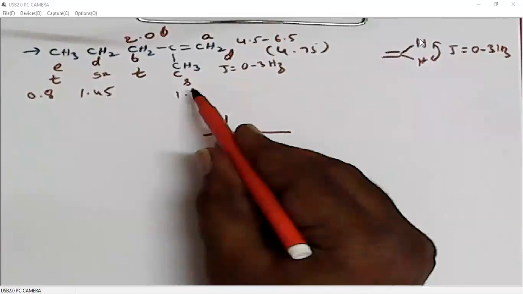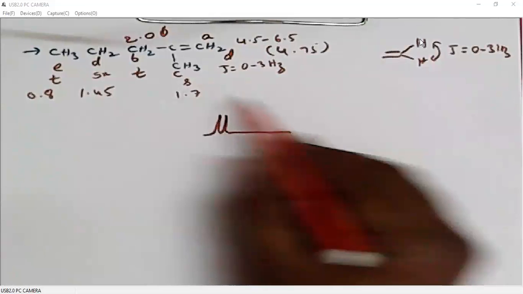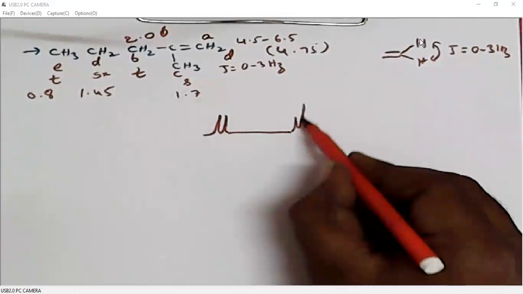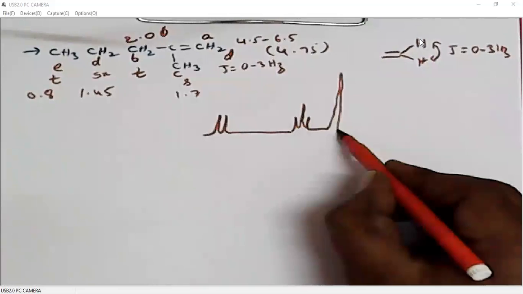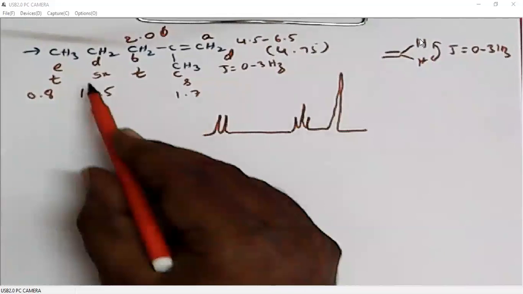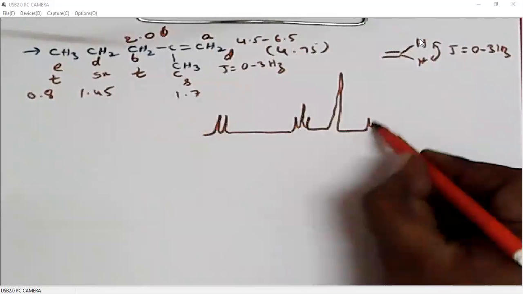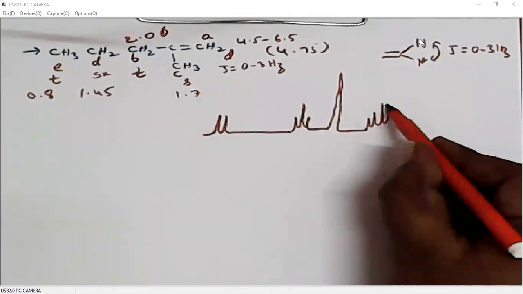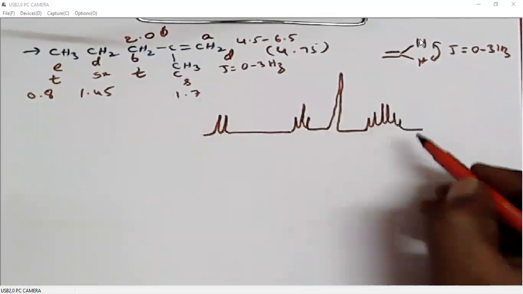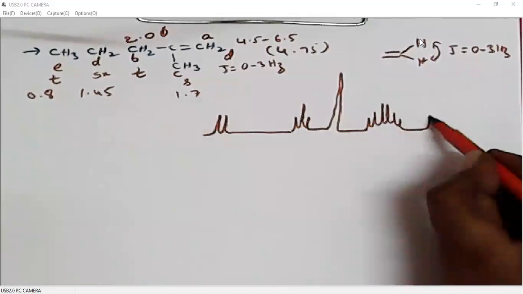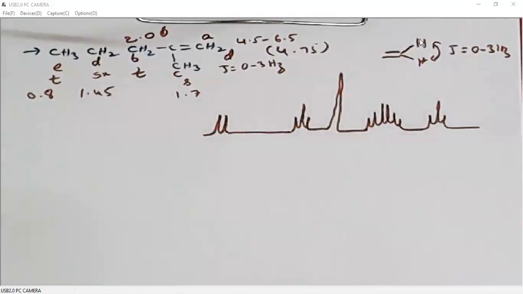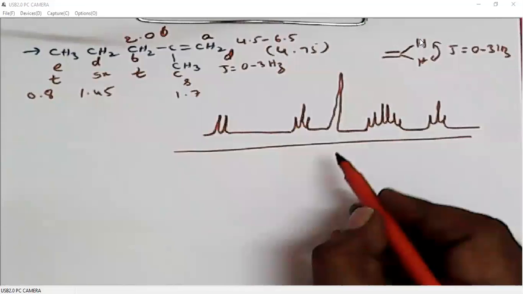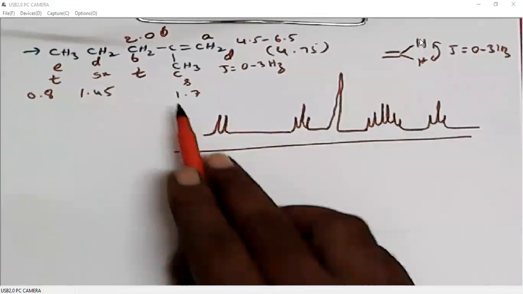Then the next peak is a triplet. Next peak is a singlet. Next peak is a sextet: 1, 2, 3, 4, 5, 6. And the next peak is a triplet: 1, 2, 3. So this is how we can draw a model spectrum when a compound is given.